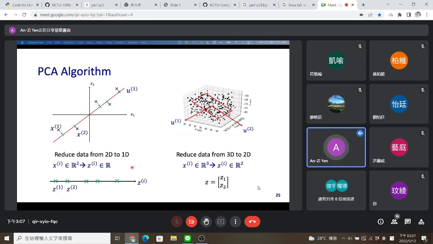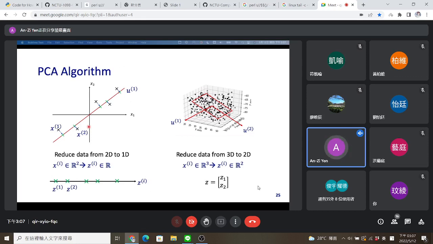In a lab example, we were given examples x1, x2, and we would like to find a number z1 to represent our data x1, and a number z2 to represent our data x2.